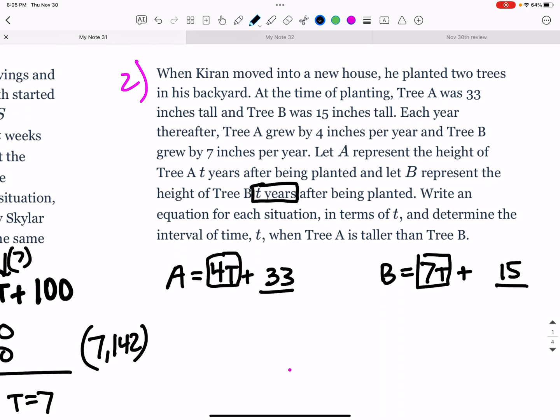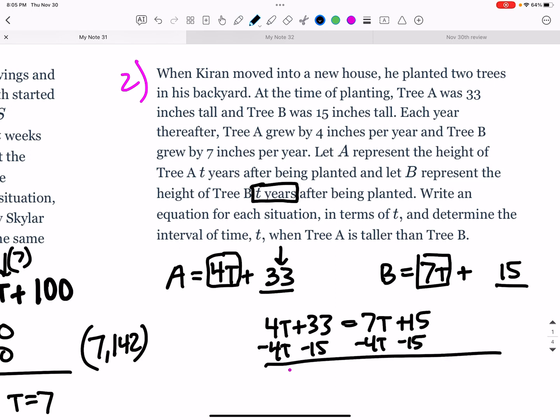When is tree A taller than tree B? It's taller right now, but for how long? When are they equal? 4T plus 33 equals 7T plus 15. Subtract 4T and subtract 15, and 3T equals 18.